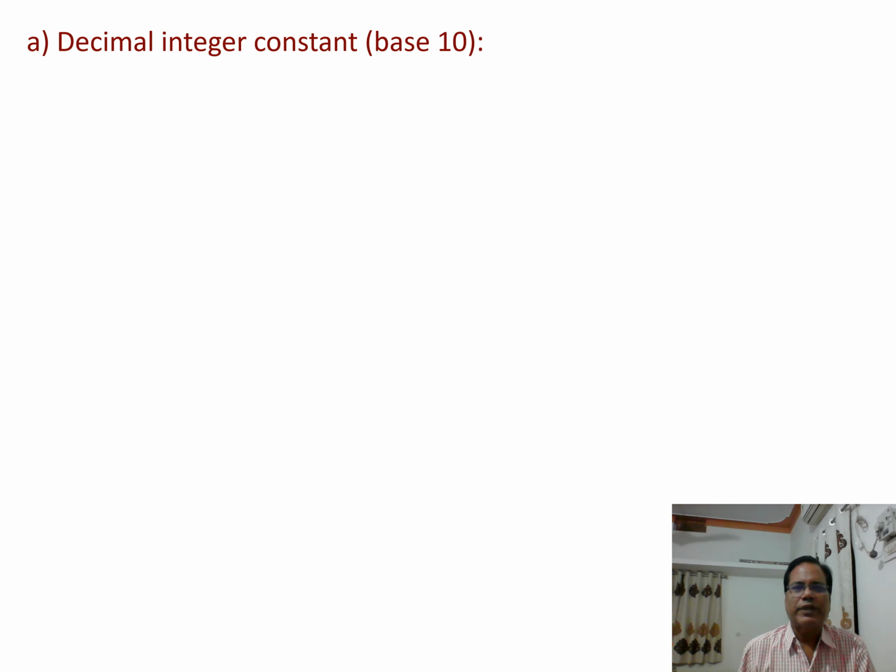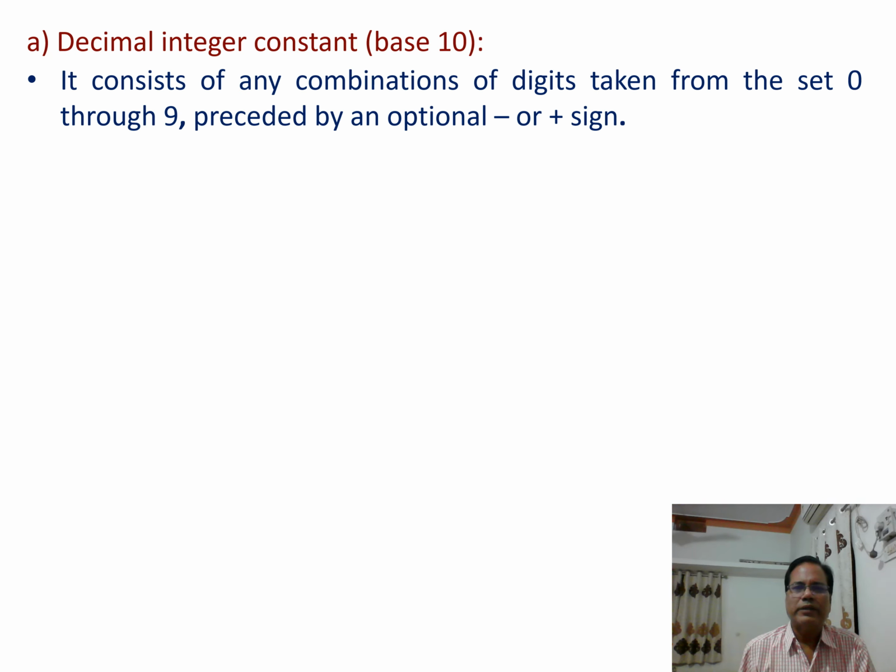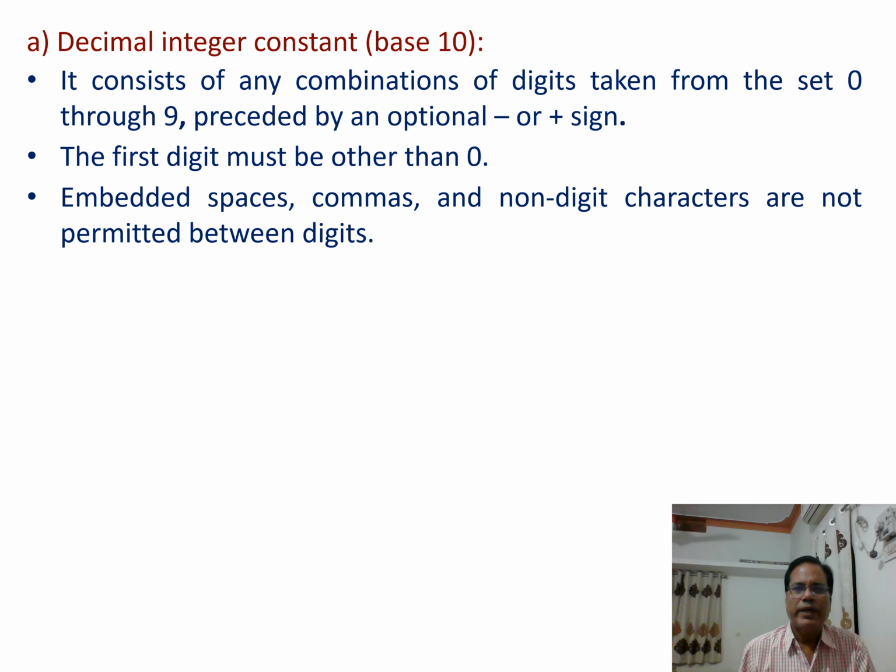Now let us first take the decimal integer constant that has a base of 10. It consists of any combination of digits taken from the set 0 through 9, preceded by an optional minus or plus sign. The first digit must be other than 0. Embedded spaces, commas, and non-digit characters are not permitted between digits.